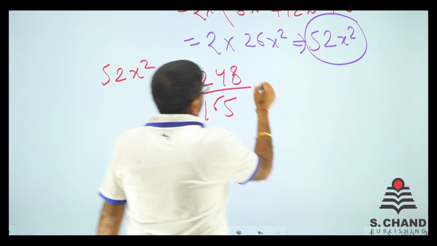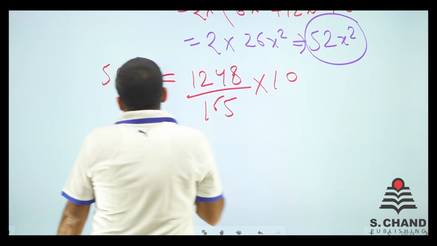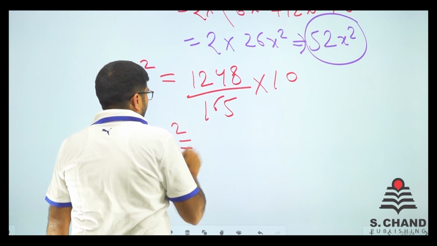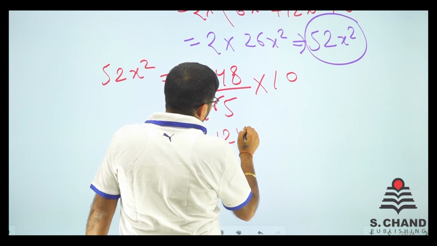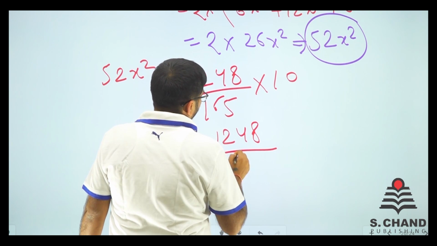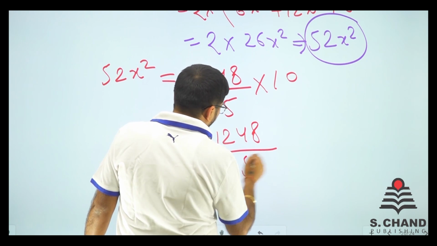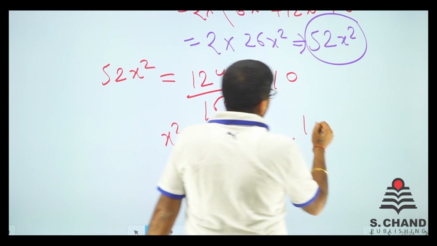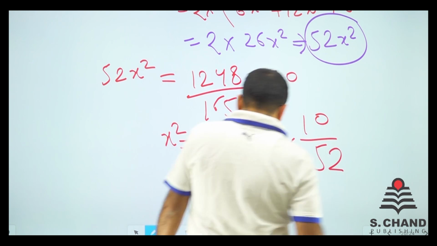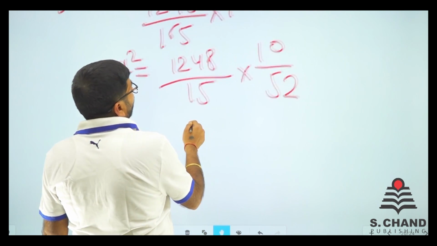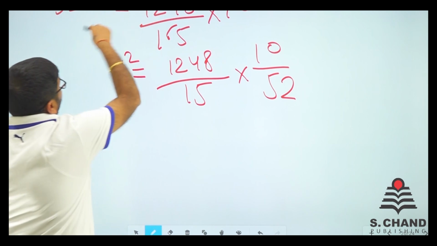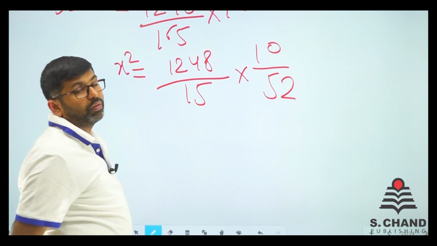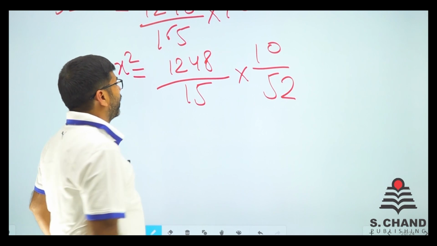So just removing 5 and we get 10. So we have got x square is equal to 1248 divided by 15 into 10 by 52. Why 52? Because if 52 is here with the multiply, it goes down, like that is in the denominator part.